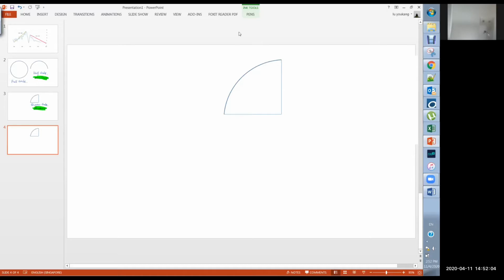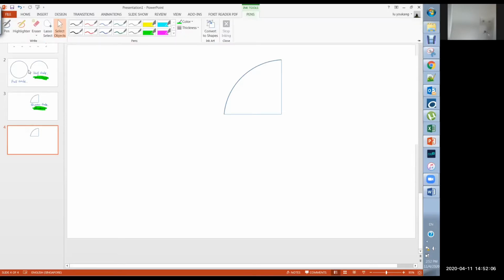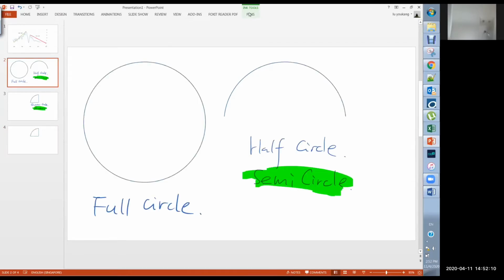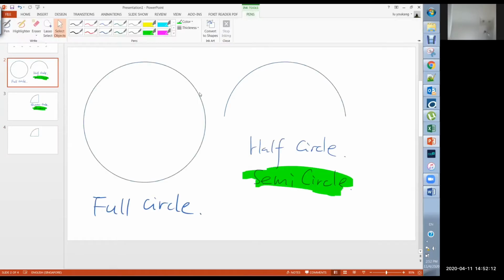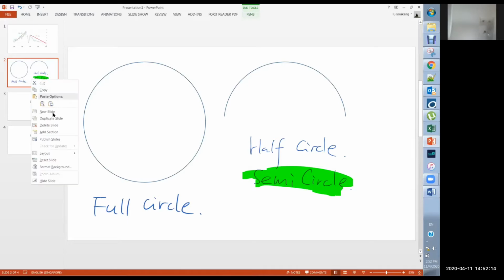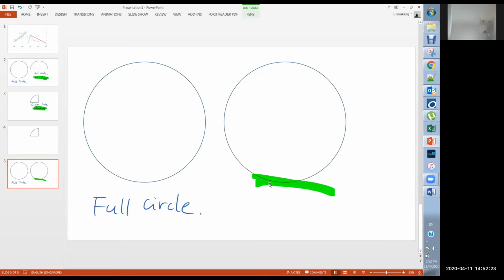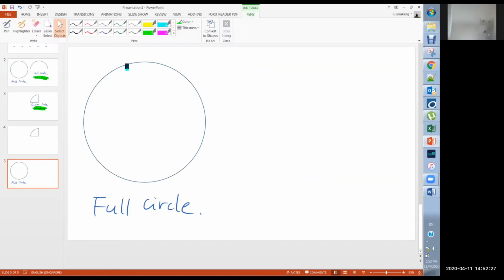Okay, so a circle. Let's come back to the circle first. There are two things you need to take note of for a circle. What are the two things? What do you learn in school? The first thing is, what is this called?